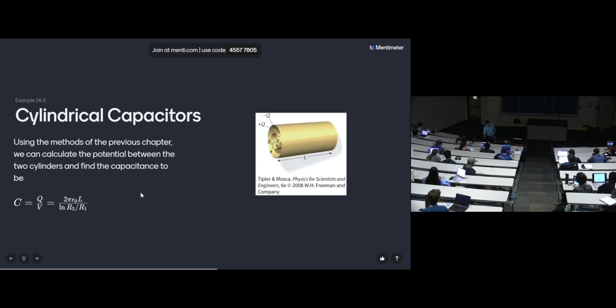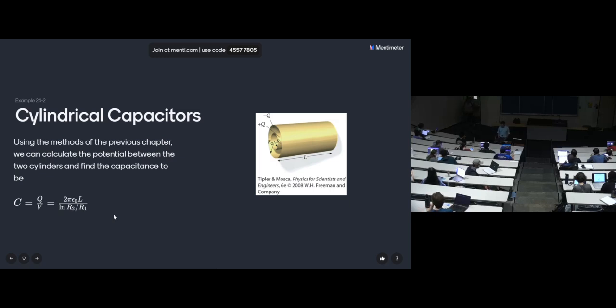And from that, you can go through your book's derivation, or you can trust me on this, check it out later if you want to, that the capacitance of a cylindrical capacitor is 2 pi epsilon naught L, where L is the length of the capacitor, divided by the log of R2 over R1.